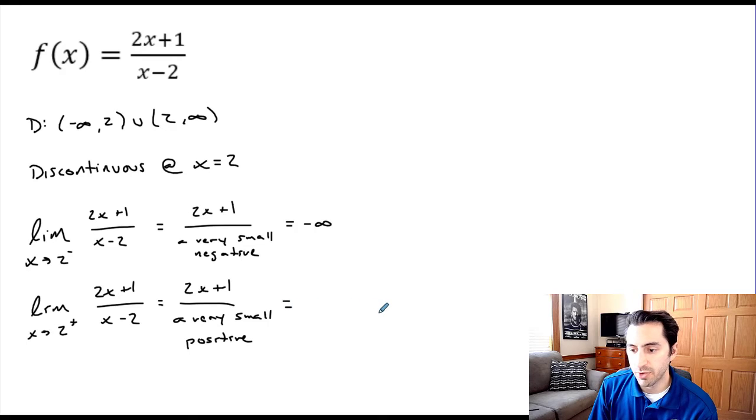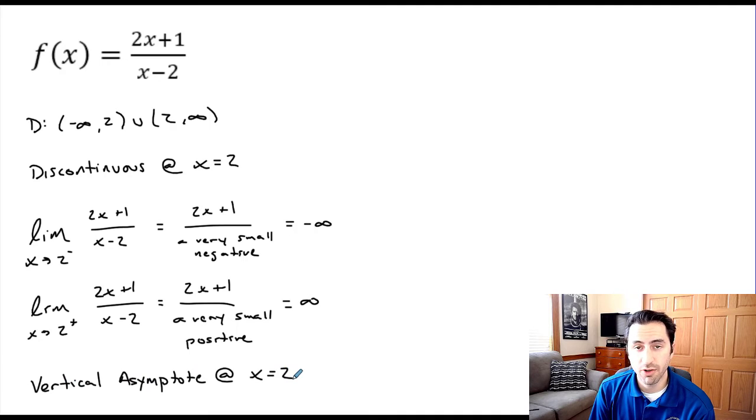And following the same sort of logic, if I'm dividing by a very, very tiny positive number, this is going to become unbounded in that positive direction. So this is equal to positive infinity. And because my two one-sided limits are negative and positive infinity, that does mean we have a vertical asymptote at x equals 2.